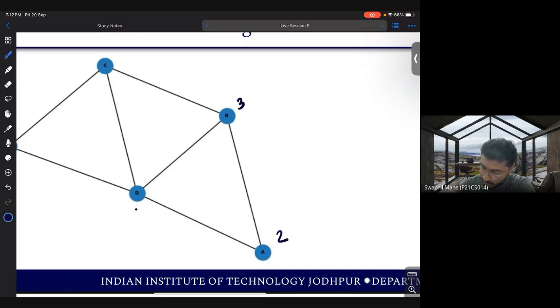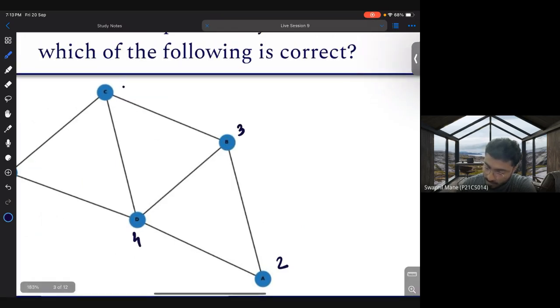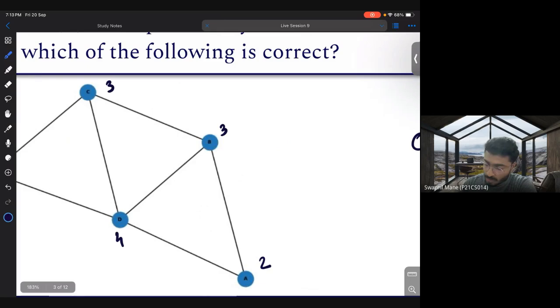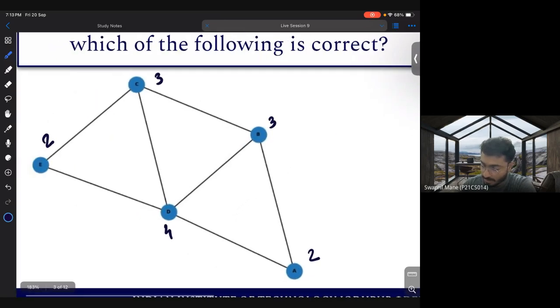Degree means the number of edges a particular node has. These are the degrees: 2, 2, 2, 3.